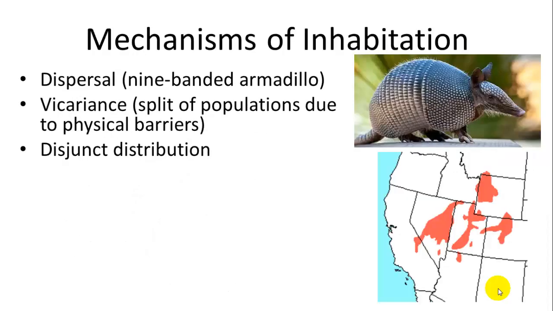How mammals spread throughout different regions is a mode of dispersal or inhabitation. Normal dispersal, where males or females leave their natal origins where they were born and disperse somewhere else, is how the nine-banded armadillo has increased its range over the past 100 years or so.